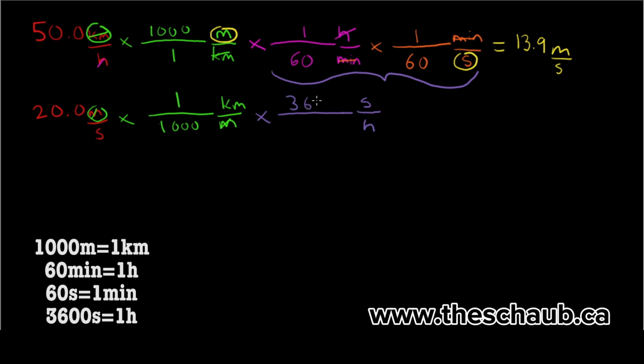There's 3,600 seconds in 1 hour. So now our seconds on the bottom cancels with our seconds on the top. If we finish by taking 20 and dividing it by 1,000 and then multiplying by 3,600, we're going to end up with 72. And we look at the units we have left, kilometers per hour.